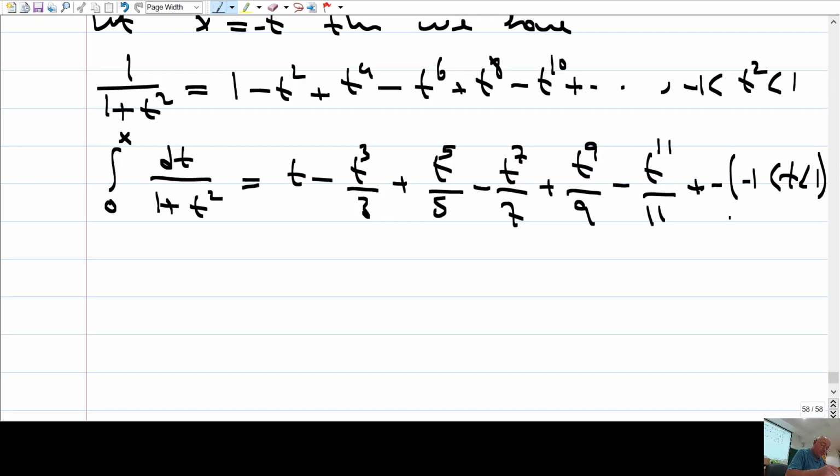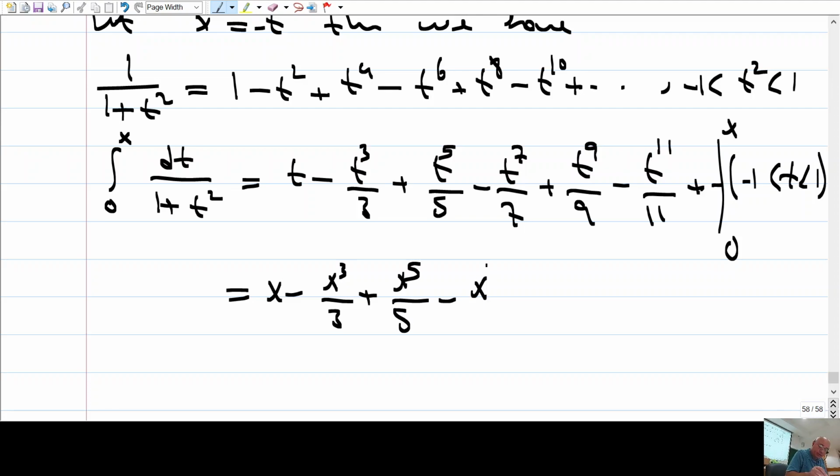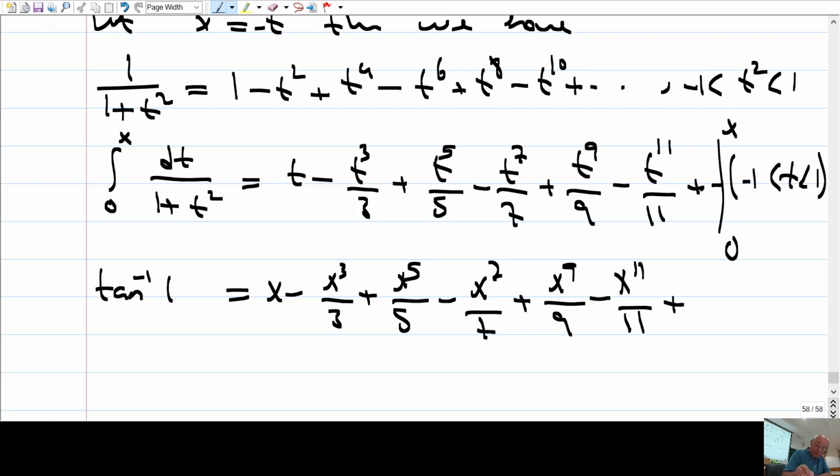Okay, now we will compute this at 0 and x, and if you do that, of course, you get x minus x cubed over 3, x to the 5 over 5, x to the 7 over 7, x to the 9 over 9, x to the 11 over 11, and so on. When you plug in 0, you just get 0. So we have this. What about this gadget? Well, this is just arctangent of t from 0 to x.